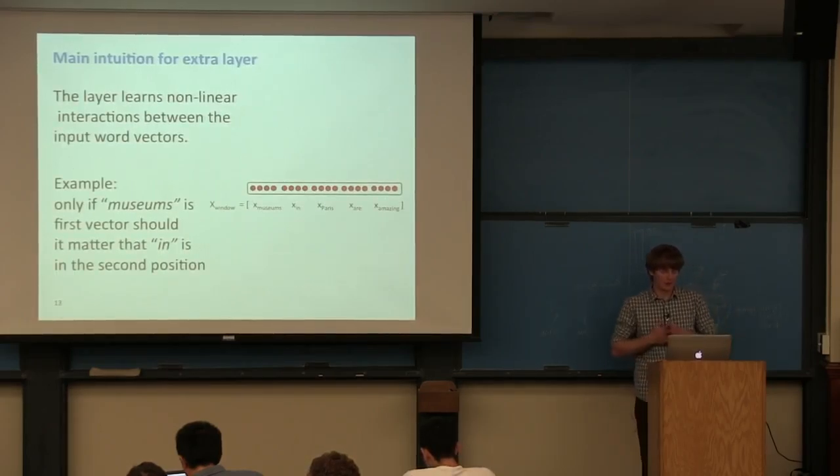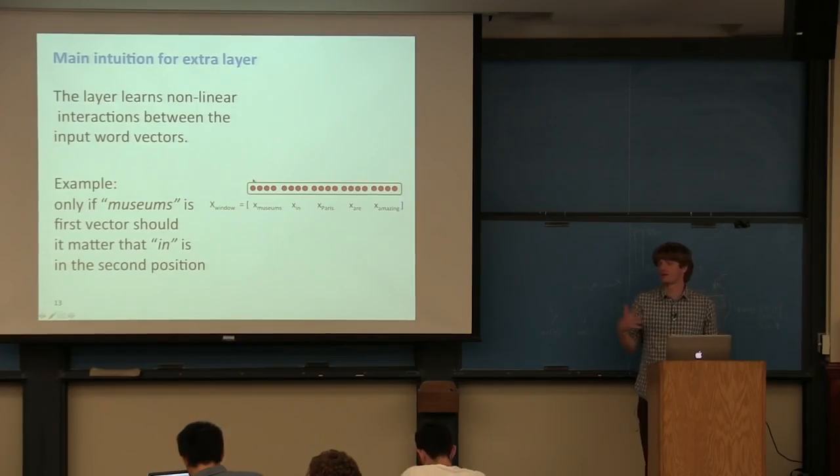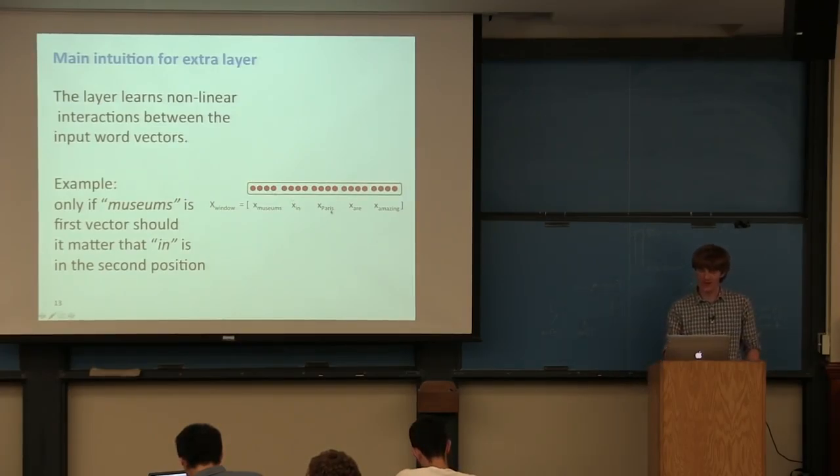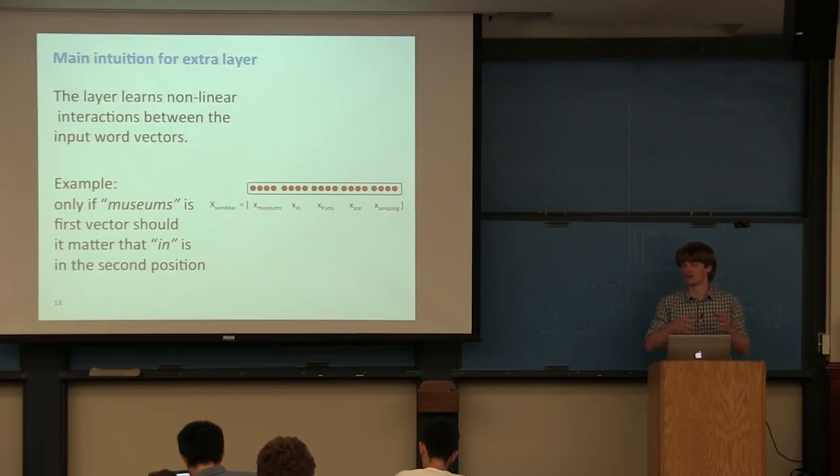All right, so the main intuition of why we couldn't just have our softmax directly on top of the word vectors here: this was the model we derived in all its gory details before. And it will probably give you some reasonable performance, just capturing specific locations or specific words in one location. But really what you might want is interactions between words in different positions.